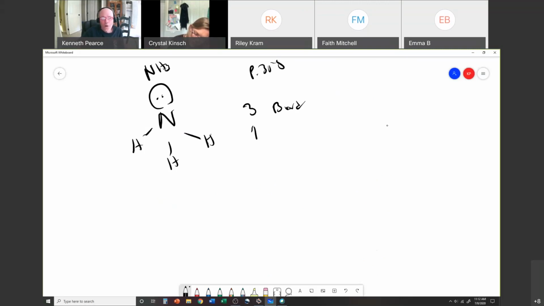We have 1 non-bonded. And what is this? This is trigonal pyramidal, and usually we just abbreviate it PYR. Trigonal pyramidal, because it's a little pyramid with a triangle base.